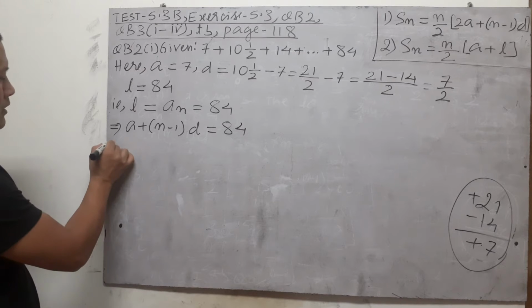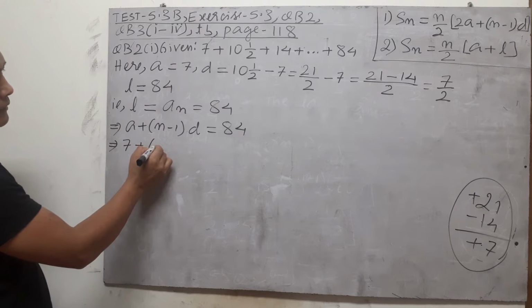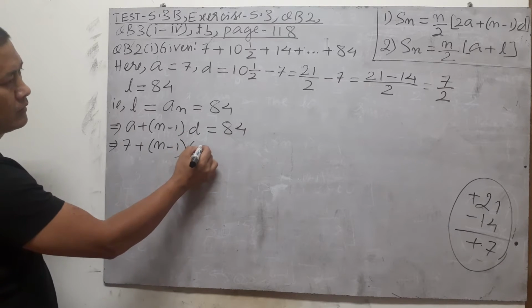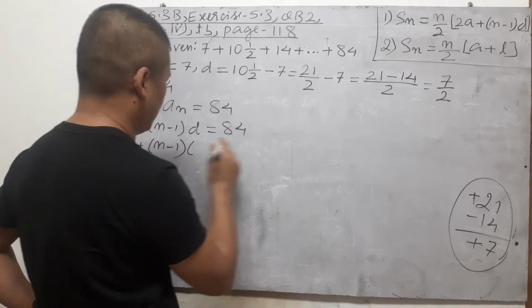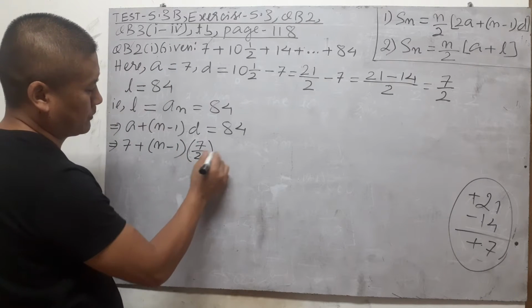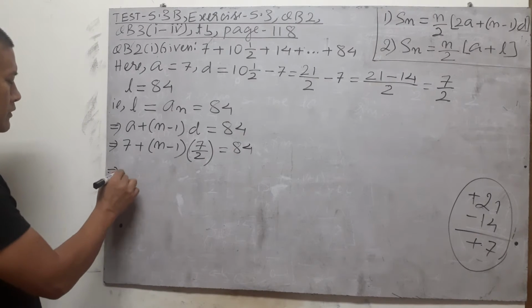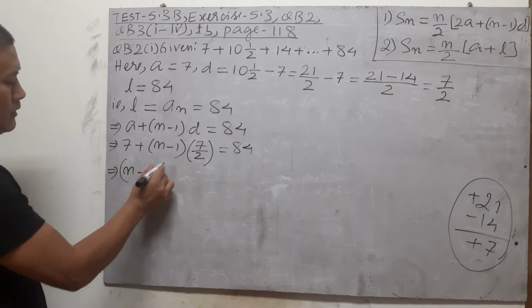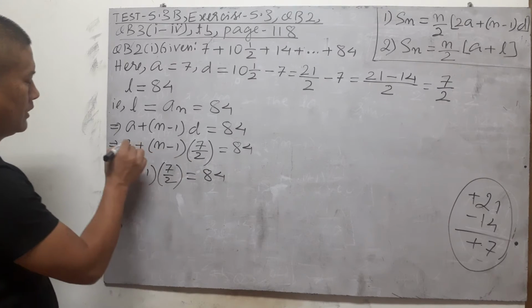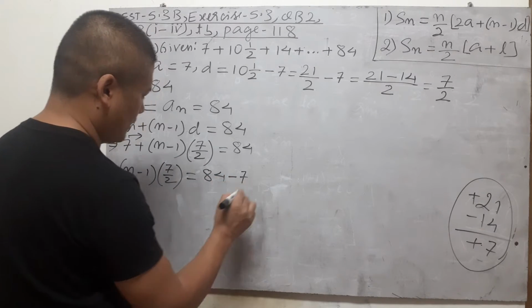Here the A value is given as 7. N we don't know yet, so (n minus 1) into D. Already we have obtained D as 7 by 2. So we can write that down: 7 plus (n minus 1) into 7 by 2 equal to 84. If we shift this plus 7 to the right side, it becomes minus 7.